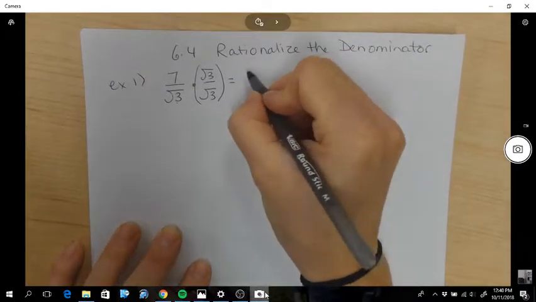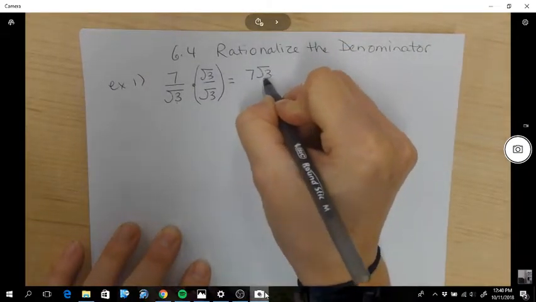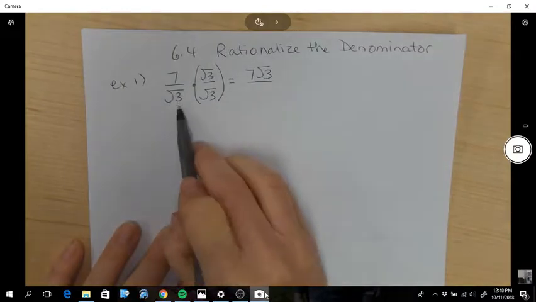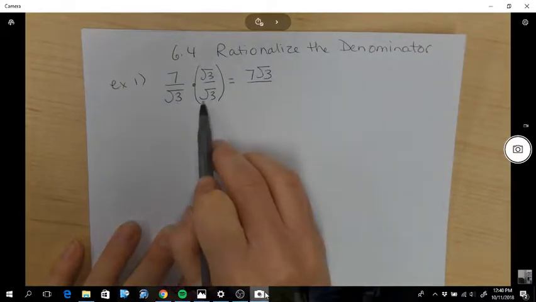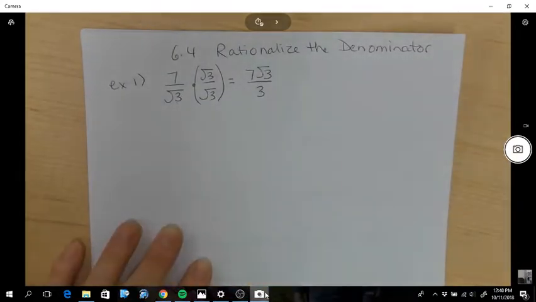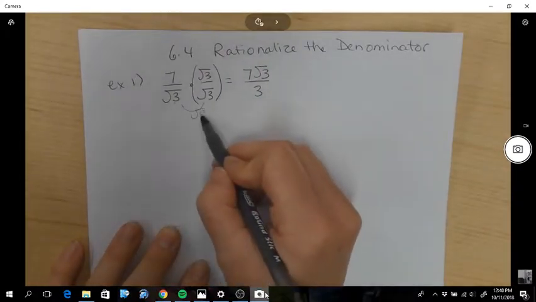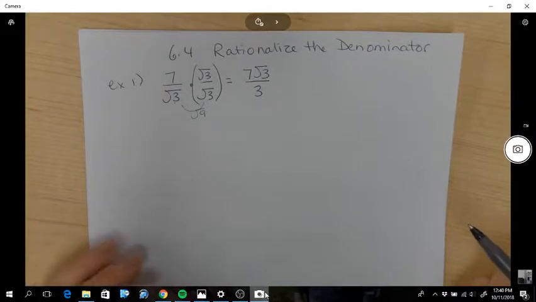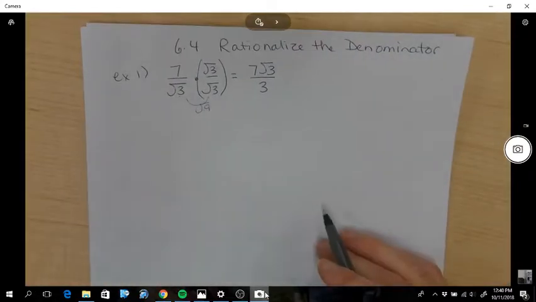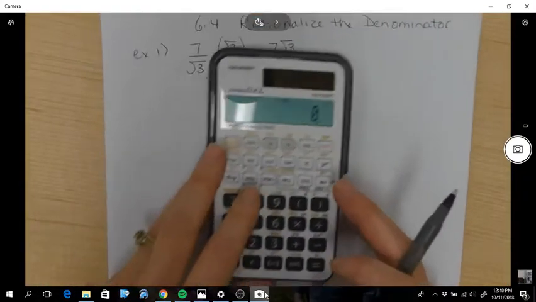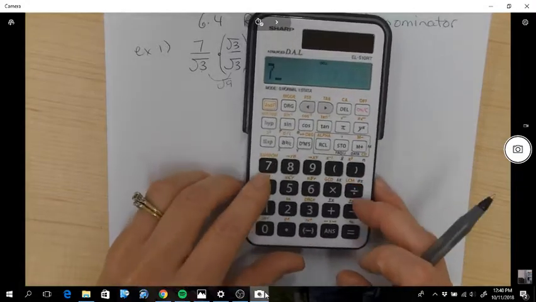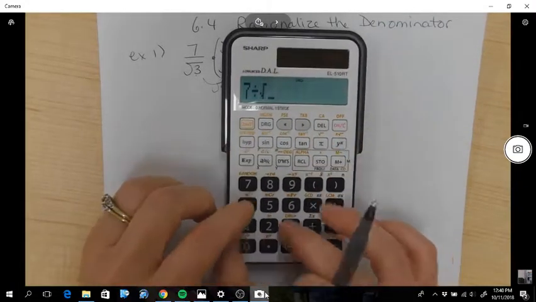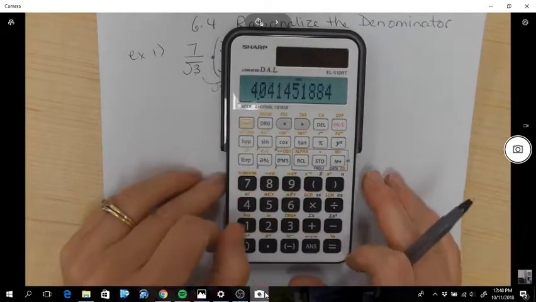Okay, so now this becomes 7 root 3. What happens to root 3 and root 3? That becomes a whole number 3. Or if you really want, you can go root 9, which becomes 3. So let's just check. I told you we weren't changing the value. We're going to go 7 divided by square root 3 equals 4.04.